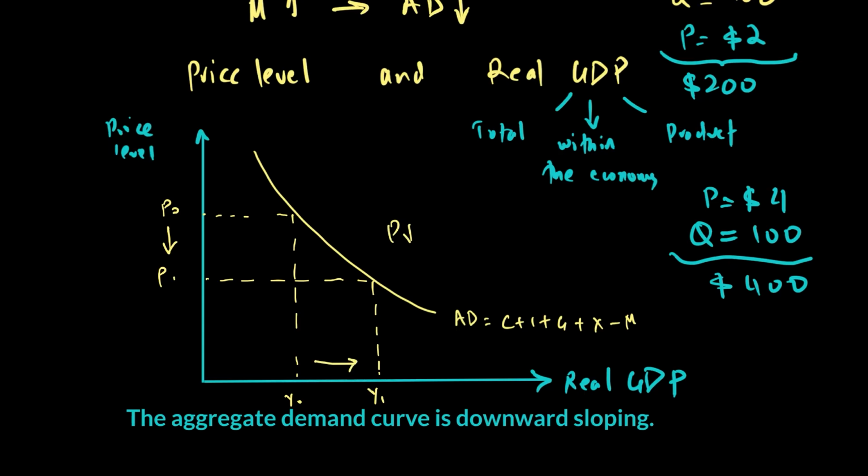So a lower price level leads to a higher GDP of an economy.